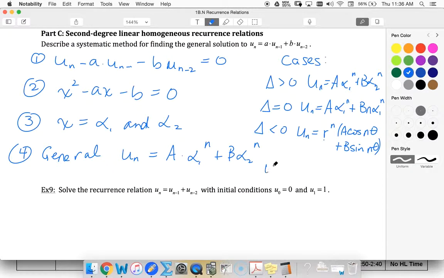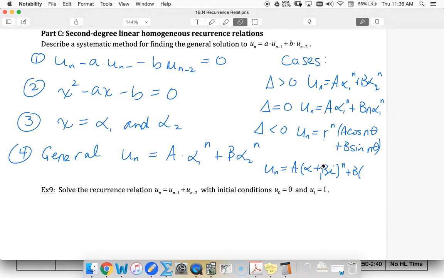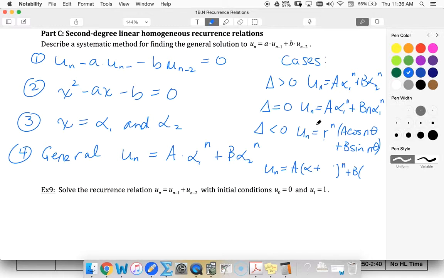And this comes from u sub n being equal to a times alpha plus beta i to the n plus b times alpha minus beta i to the n. So this would consolidate down in r cis form to be this one: r to the n, a cos n theta plus b sine n theta.